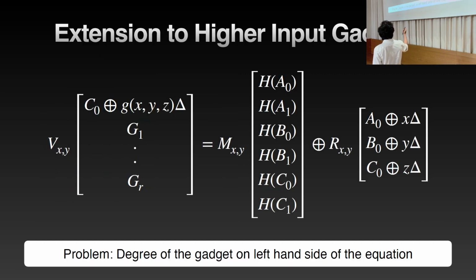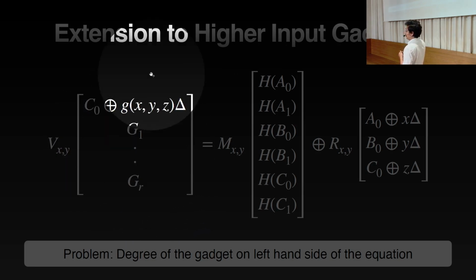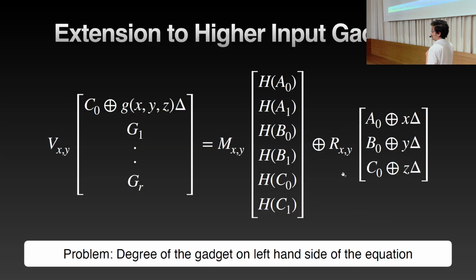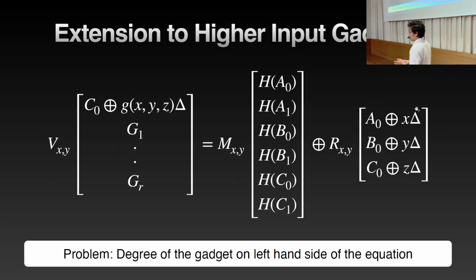Right. The thing is, if we observe, we know that Vxy, Mxy, and Rxy, all of them are at most linear in X, Y, and Z. If I now choose to include this label on the left-hand side, which is C0 plus Gxyz, and this function is not linear, let's say it's a 3-degree function, then you will automatically have a 3-degree term on the left-hand side of the equation for which there is no 3-degree term on the right-hand side, because this side of the equation can at most have linear times linear, which is a quadratic equation, or linear in X and Y. What does this mean?